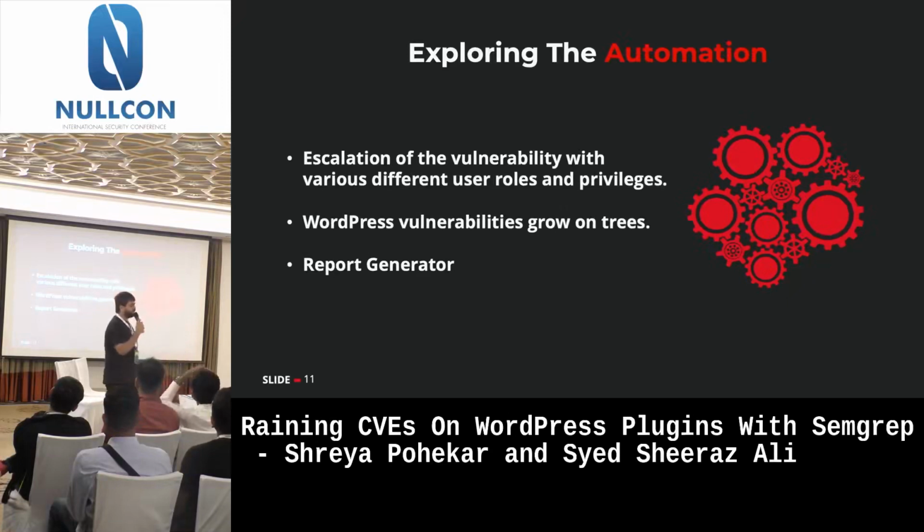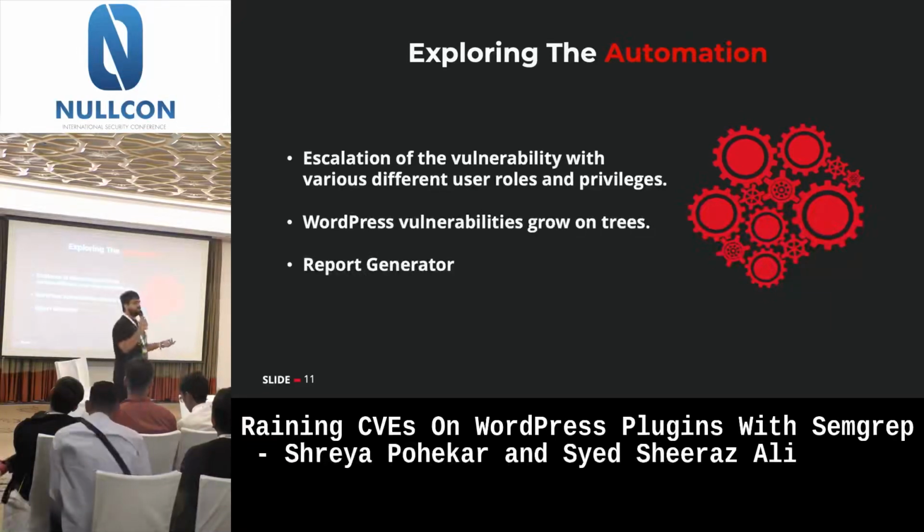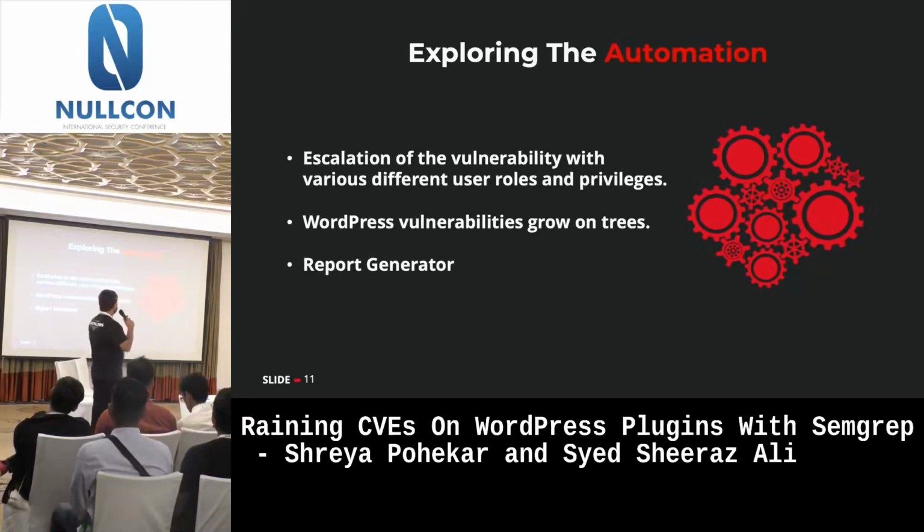That's why we ended up writing smaller modules to automate this. The first one is escalation of vulnerability with various different user privileges. It is somewhat like what you might have used, Authorize in Burp, and this is exactly what it does.